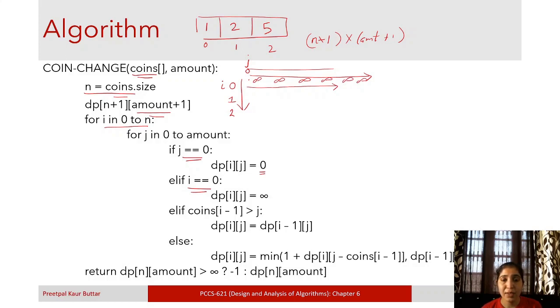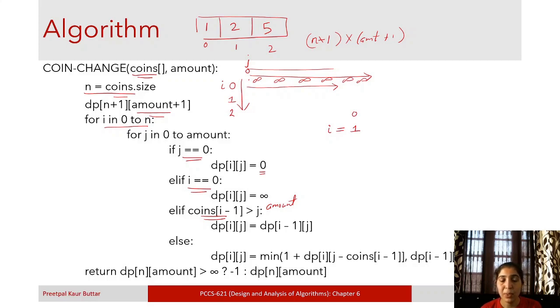Else if coins[i-1] is greater than j: this is the case where j is the amount we are making, and coins[i-1] is the value of the coin we are picking. Suppose you are picking the first coin; coins start from 0, so 0th coin, first coin.